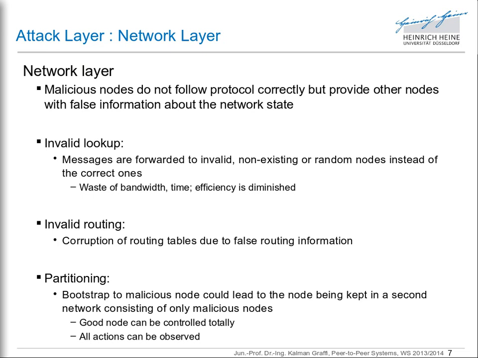Yes, for example, this can be achieved if a malicious node is used for this bootstrap, and this node is controlling the whole second overlay, which is populated by malicious nodes.